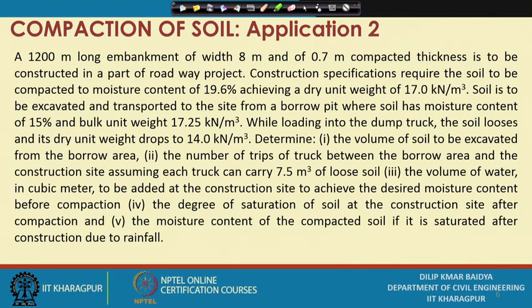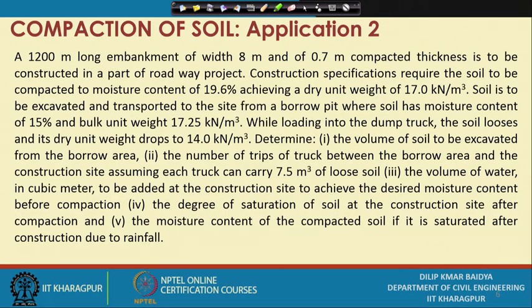This type of problem I have taken when I did the 3-phase diagram, similar to that, only with a little additional things. A 1200 meter long embankment of width 8 meter and 0.7 meter compacted thickness is to be constructed in a part of a roadway project.